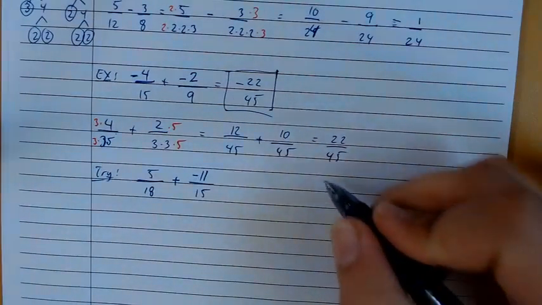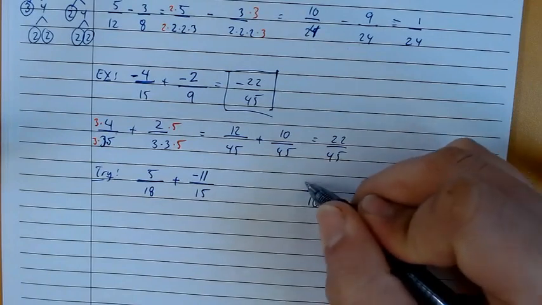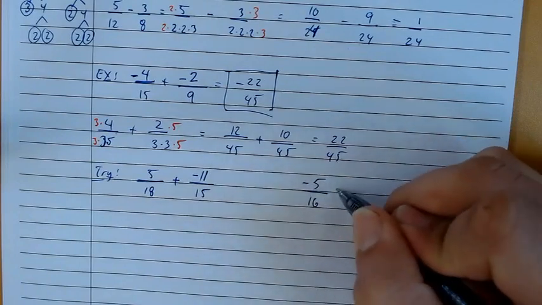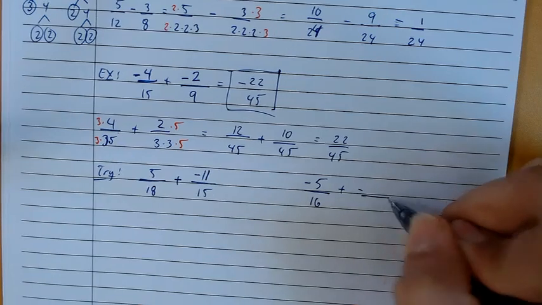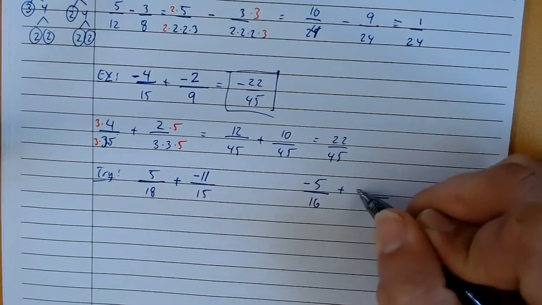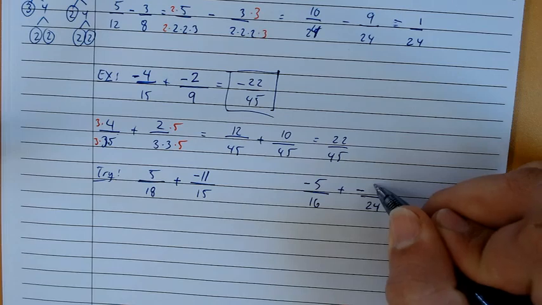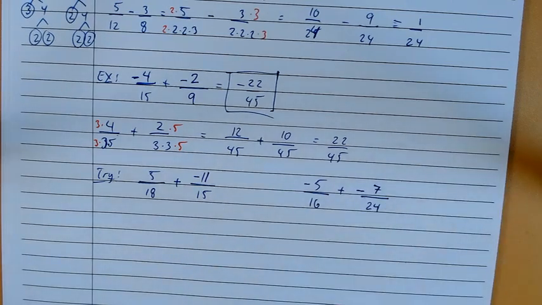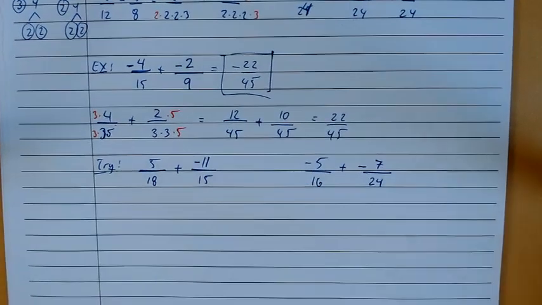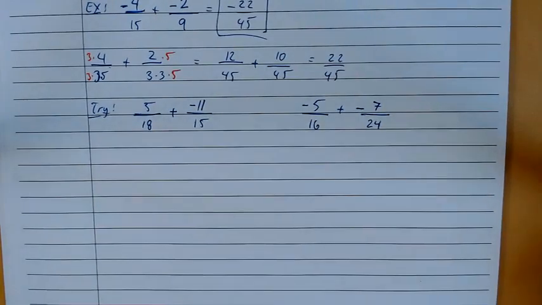And then also try negative 5/16 plus a negative 7/24. Go ahead and pause the video, give those a try, and once you have an answer to both of those, go ahead and unpause and we'll go through those together.